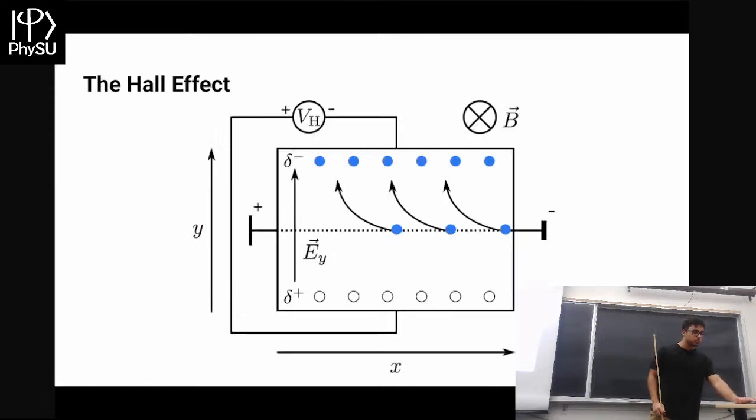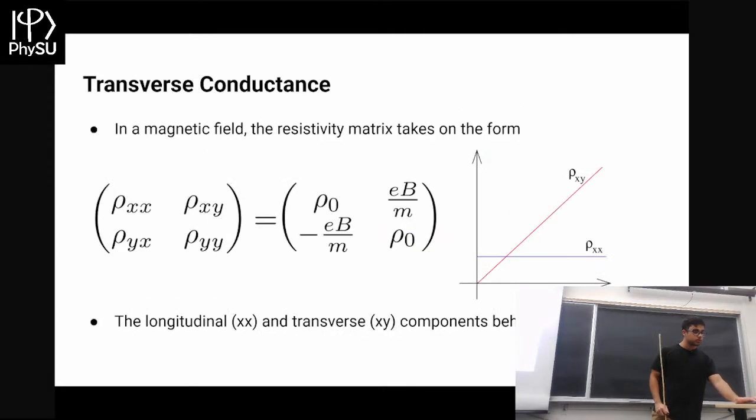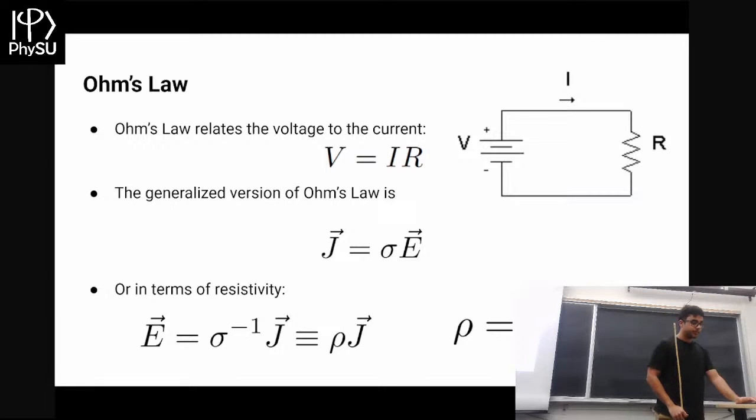So, going back a bit. Right. So these entries for rho relate E equals rho j, right? So if you have this quantity here, if you have a current in the y direction, what's the resulting electric field that you'll get? That's what this means in the x direction. Similar for this entry here, if you have a current in the x direction, what's the electric field you'll get in the x direction?